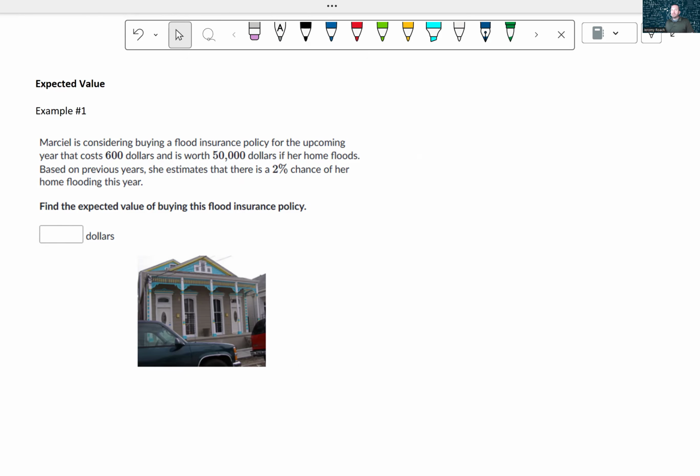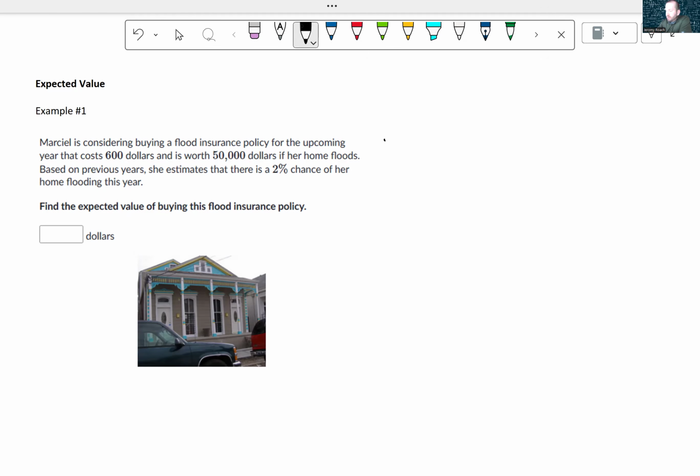Okay, so it might be tempting to think to yourself, well, she's spending $50,000. There's a 2% chance. Let's just multiply 50,000 times 2%. If you're thinking that, you're very close. But we have to also include the fact that this insurance policy costs $600.